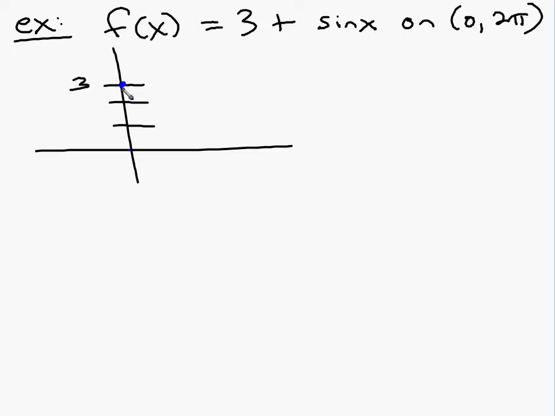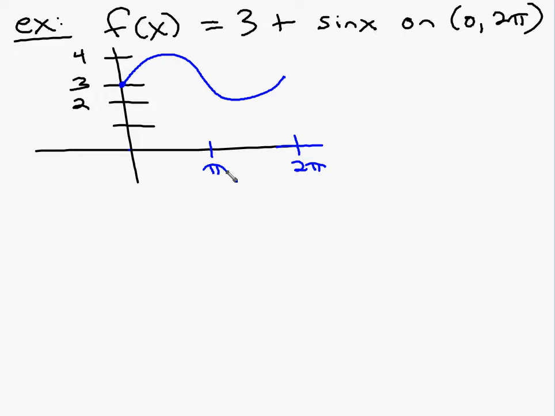And instead of going up to 1, it's going to go up to 4. Instead of going to negative 1, it's going to come down to 2. So it's basically going to stay sandwiched in between 2 and 4. Okay, that would be its range is from 2 to 4. All right, and of course this over here is my 2 pi. This right here in the middle is my pi, just like before.